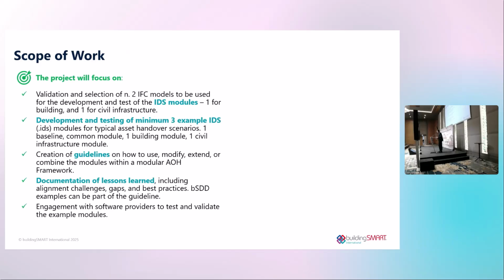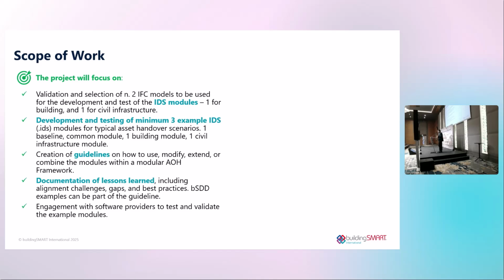The scope of the work we're trying to do is, firstly, gathering different IFC files. We try to find and filter out two validated and qualified IFC files, one for building and one for infrastructure.